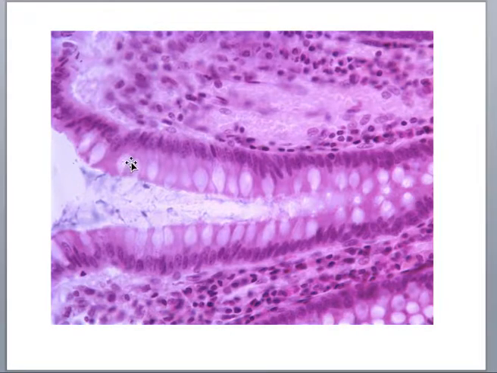Simple columnar epithelium is just smushed in between the simple columnar epithelial cells. You see these white kind of blobs. Sometimes they may be stained a little pink. These are goblet cells, which produce a lot of mucus. And so a lot of times when you're looking at simple columnar epithelium, you will see goblet cells smushed in between them. And the reason why goblet cells are white is they produce mucus and a lot of lipid.